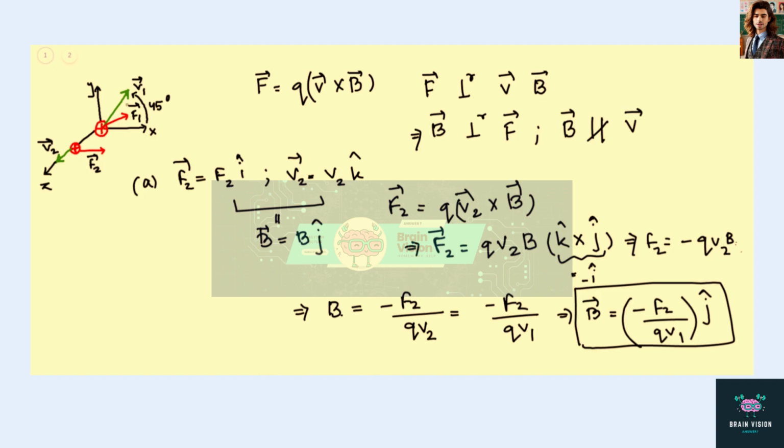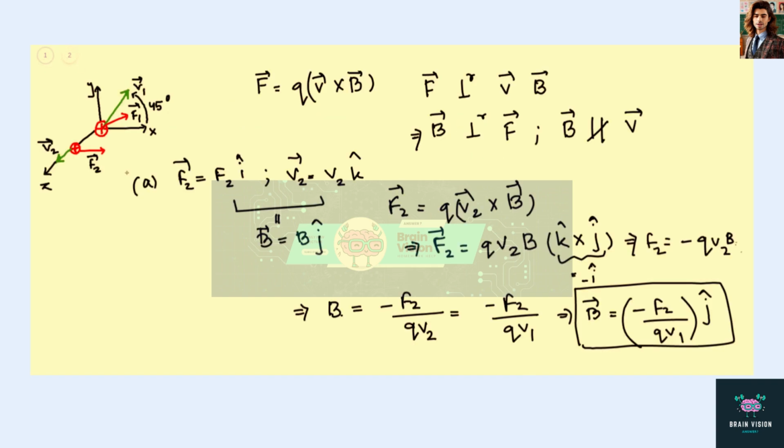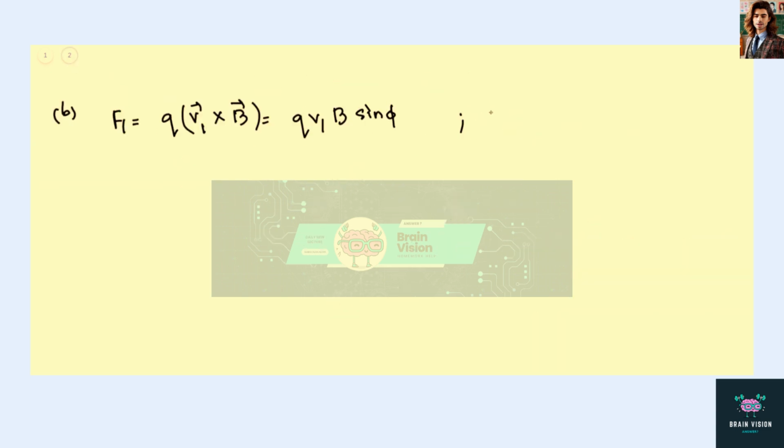And phi is given to be 45 degrees in this case, because we already found B to be along the y direction, so this angle is also 45 degrees. So this is equal to q times v1 times B times 1 over root 2.